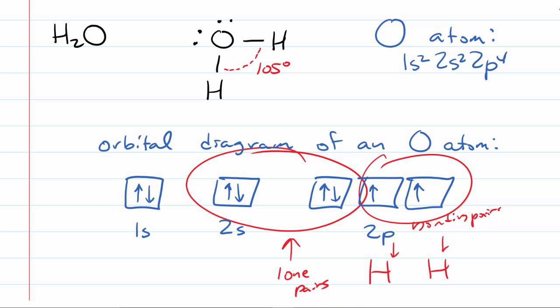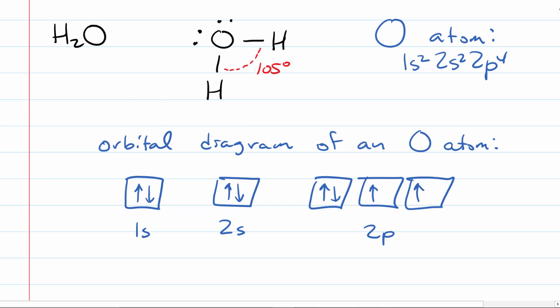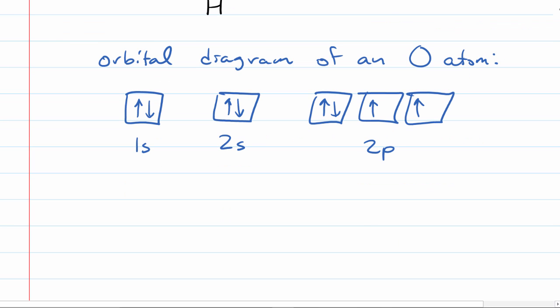So what happens is this. And so I'm going to erase this now. We can't explain it using these because the bond angles aren't right. So what has to happen is these must go away, and instead these orbitals right here, I'll put this in a different color, these orbitals here go through a process of hybridization.